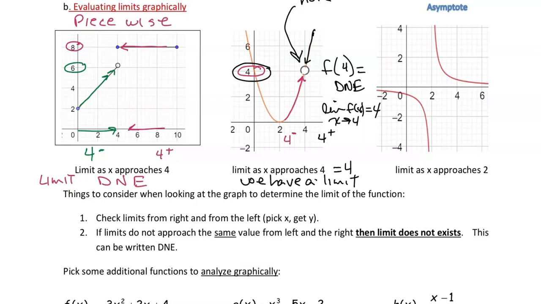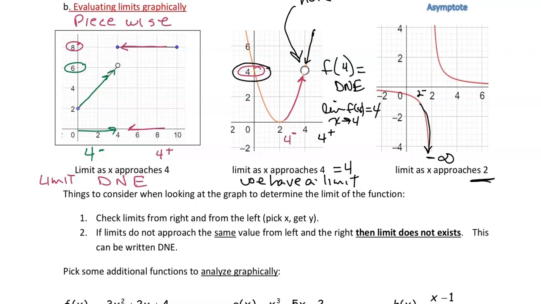Okay, let's look at the next one. So we're trying to approach to this side this time. So if you are approaching 2 from the less than 2 side, you are on this curve heading this way. You are heading towards negative infinity.